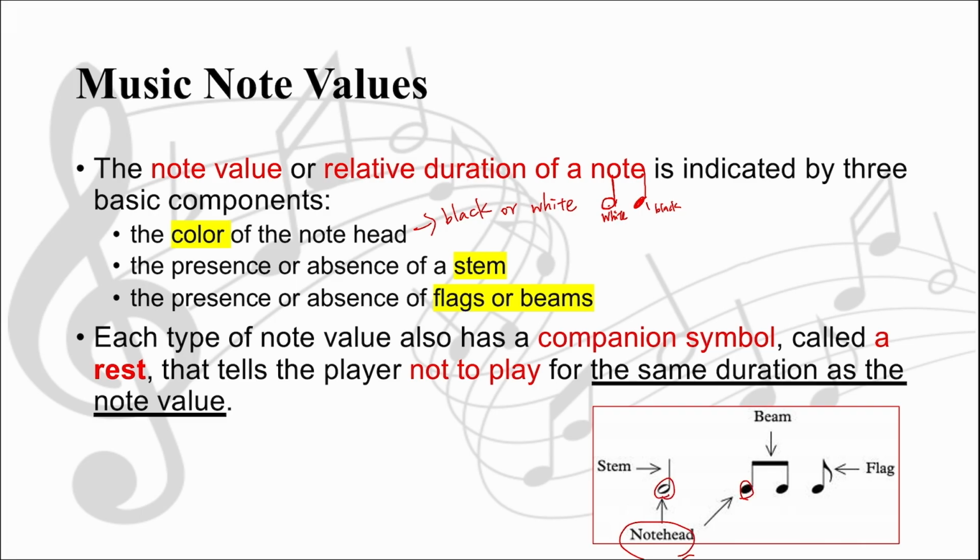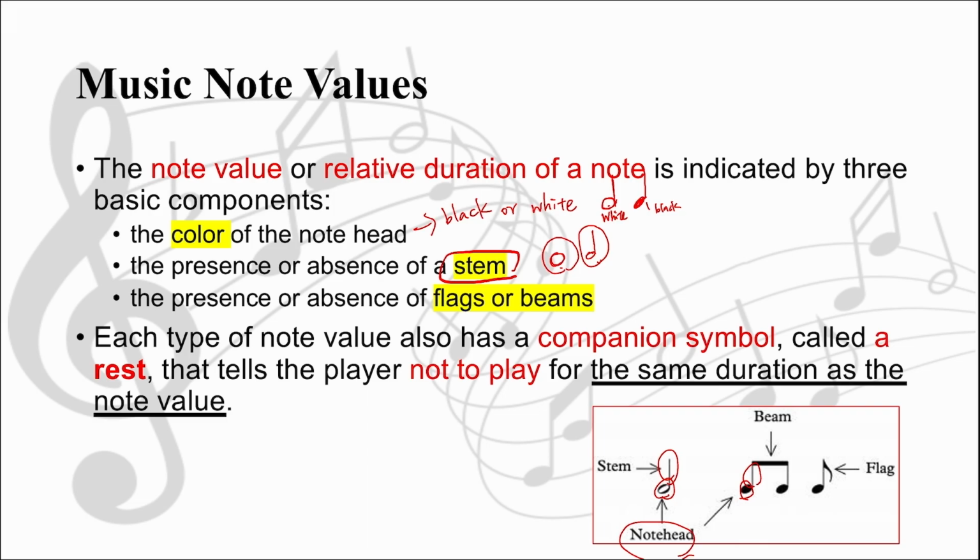And the second component is the stem. Now we have stems, right? And if without stem, it will be this. Without stem, with stem. And the third one is the presence or absence of flags or beams. Flags and beams actually are the same.